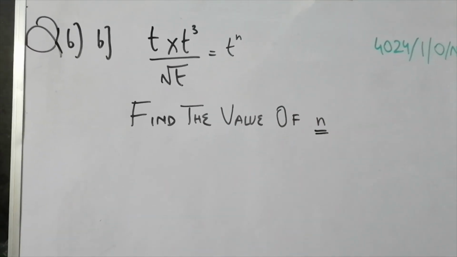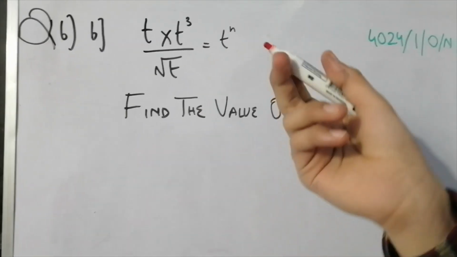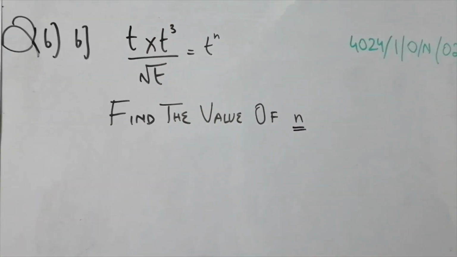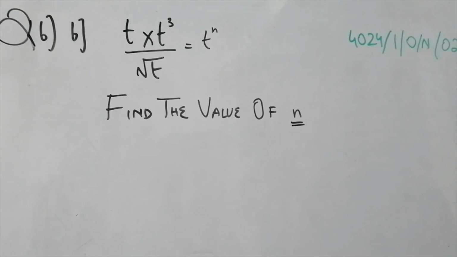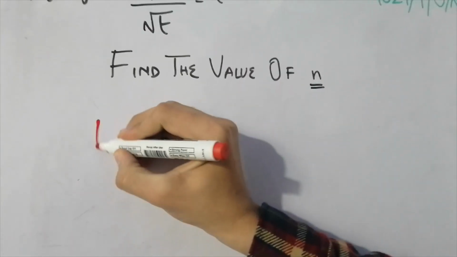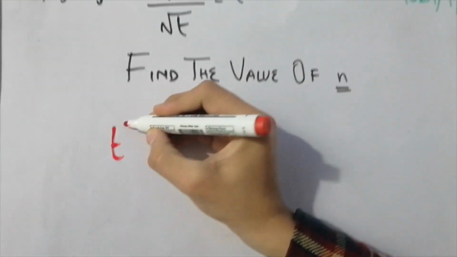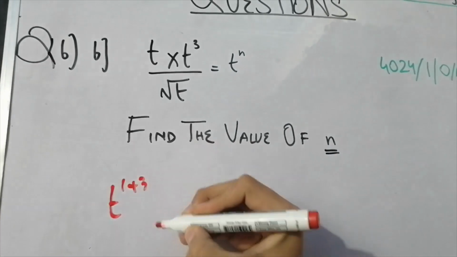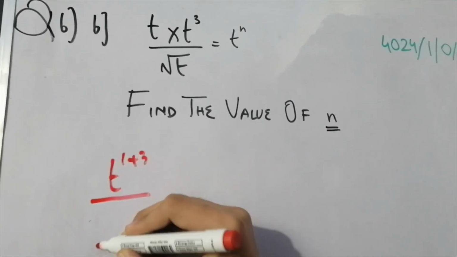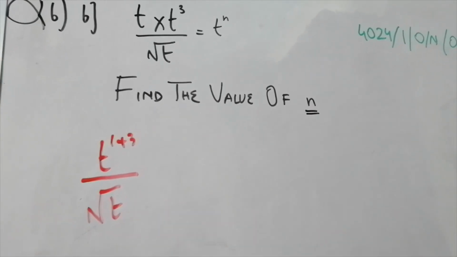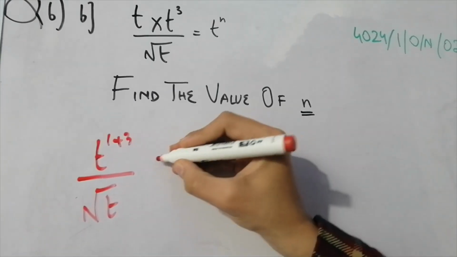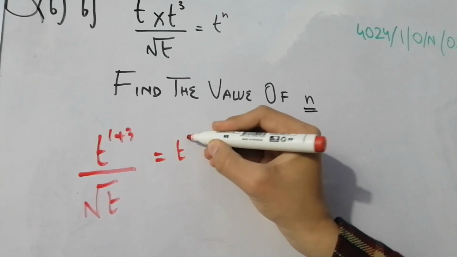So let's take the left hand side, t power 1 into t power 3. We're going to use the multiplication rule, and this will become t power 1 plus 3, whole over under root of t, and this is equal to t power n.